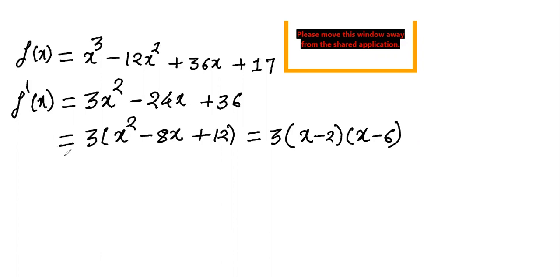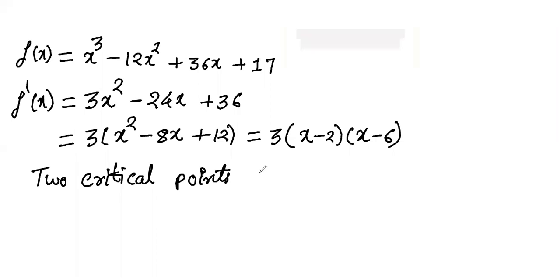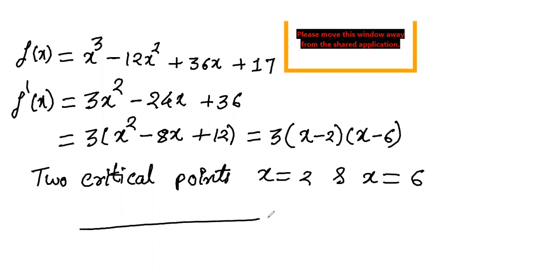Now there are two critical points: x equal to 2 and x equal to 6. Okay. So first we will plot it on the number system.